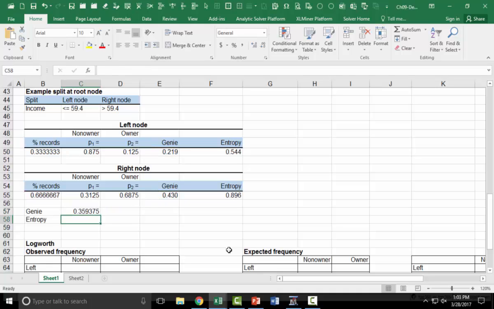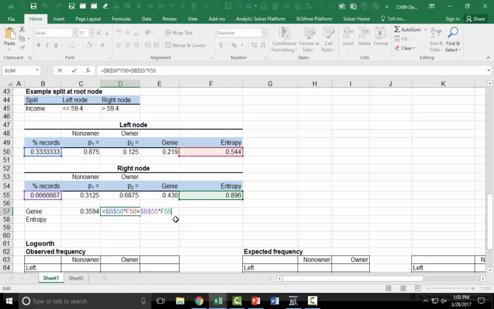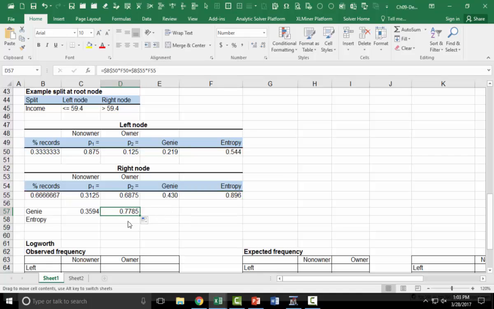Right. So that will give us the weighted average Gini value for the left side. Now if I copy this across to this side, then that will be the average of the entropy, and then I'll move that down here.